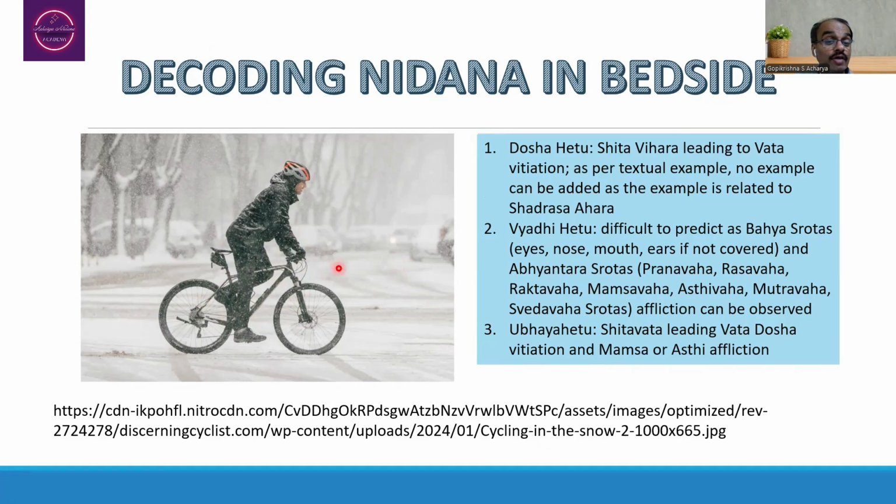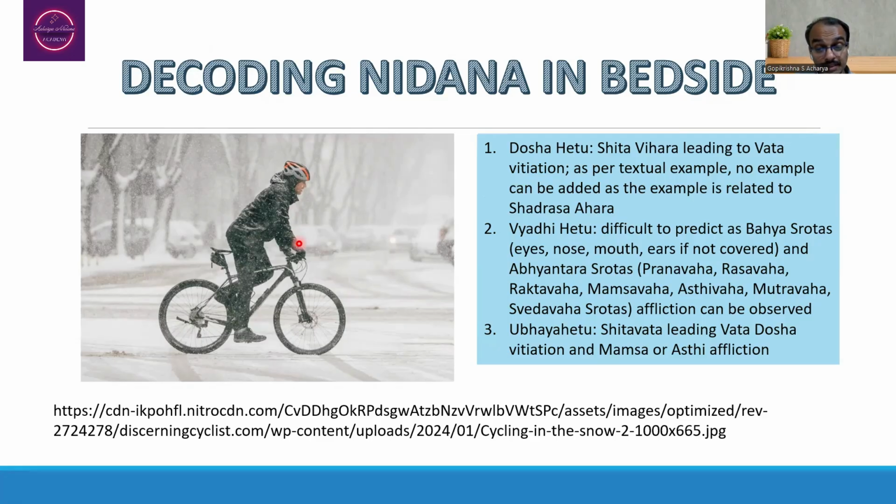Mutravaha srotas, because the person may have excess micturition, and svedavaha srotas, because of peripheral vasoconstriction, the person will not produce sweat. In that way, the vyadhi hetu assessment may be difficult in this particular example.